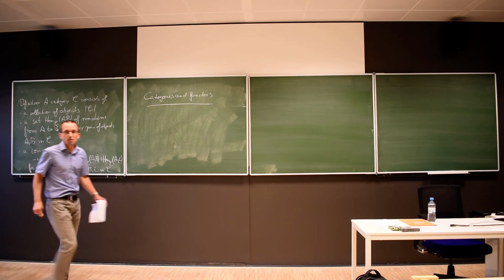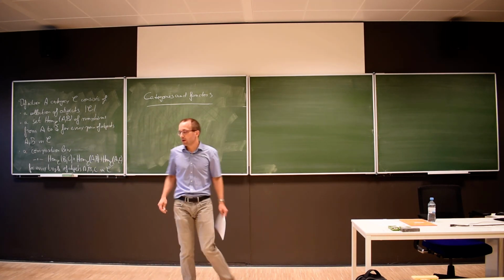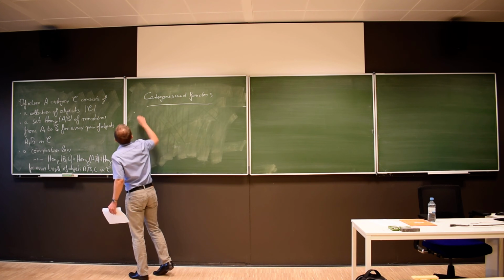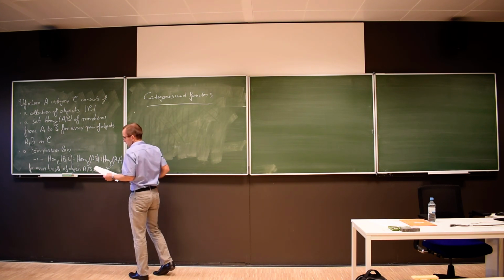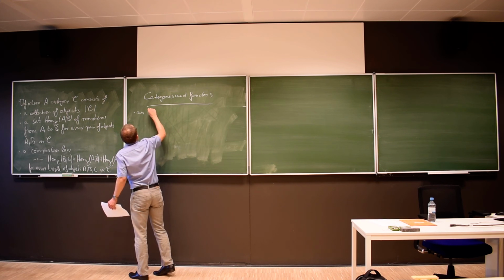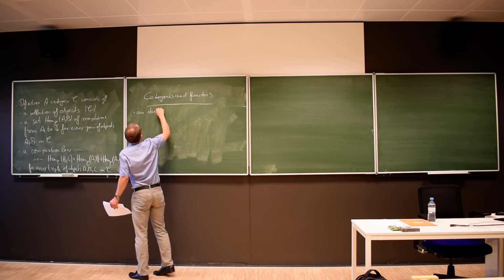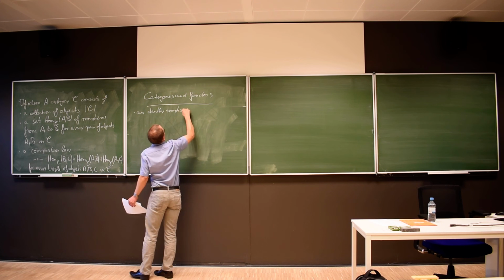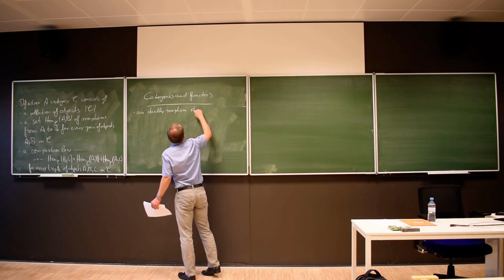The last piece of data that we require a category to have are certain preferred morphisms, the so-called identity morphisms. So we require that there is an identity morphism denoted by id_A.